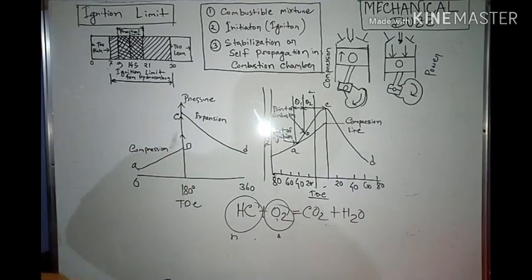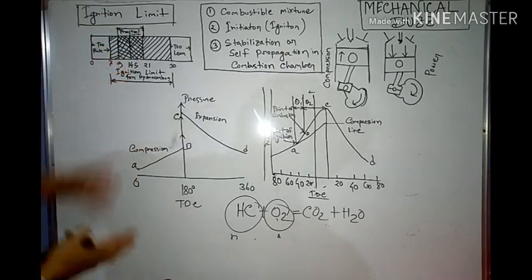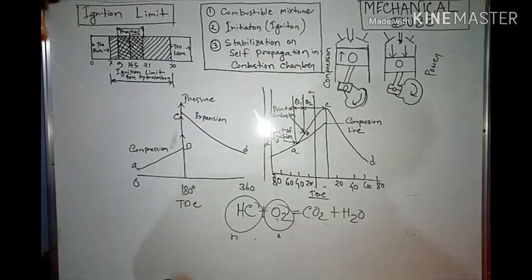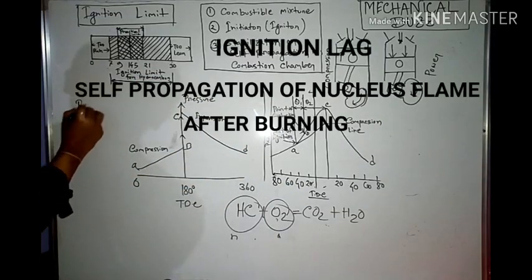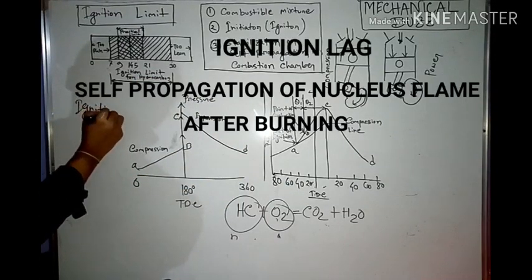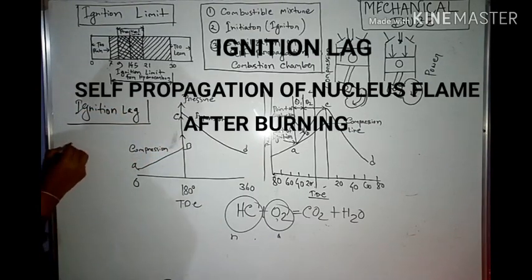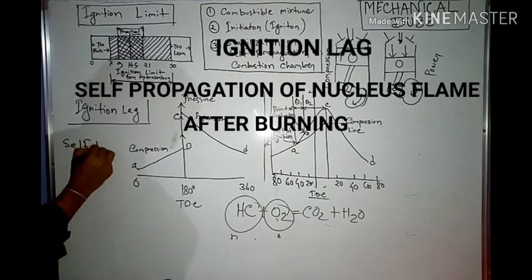But the important thing is that Mr. Richard has told us that the total combustion, from ignition to the burning gases, has three stages. I'm going to write them up here. The first one is ignition lag. The second one is self-propagation.